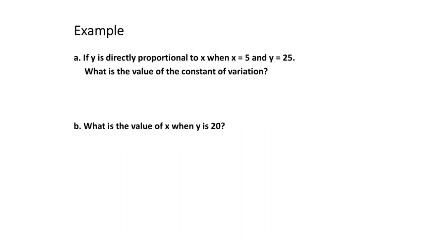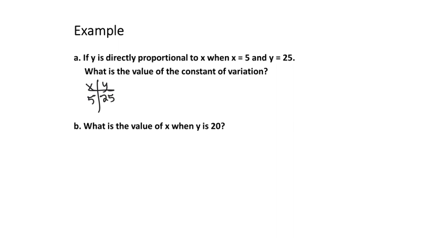All right, on this example, we are told if y is directly proportional to x, when x equals 5 and y equals 25, what is the value of the constant of variation? I always like to do a table, and in that table, I'm going to show my x and y values. I'm told that x is 5 when y is 25.